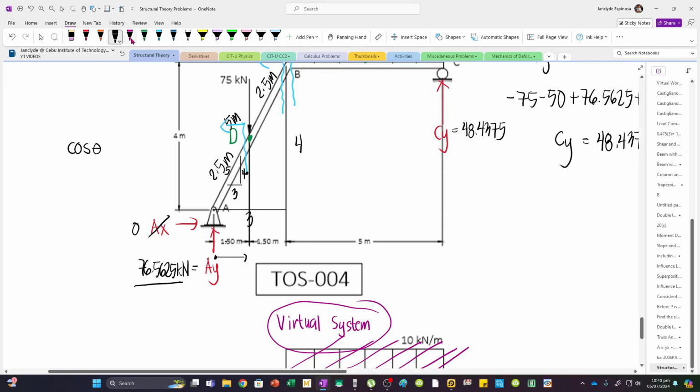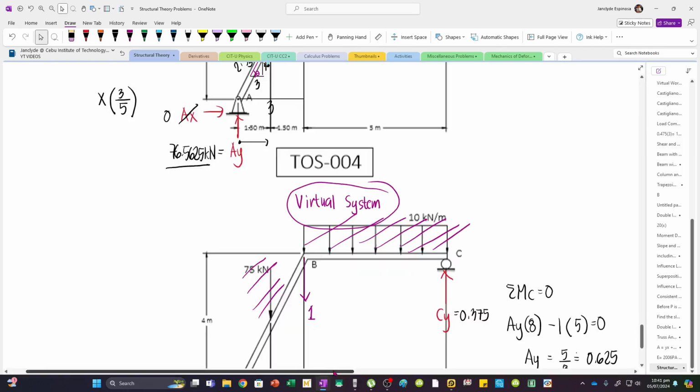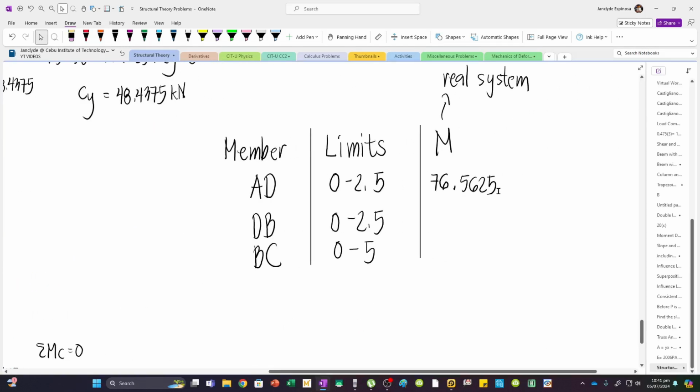Let's say this is theta. Theta is the ratio of the horizontal distance, which is 3, divided by the hypotenuse, which is 5. And so, if I want to describe this in terms of X, then I can say that the moment arm is X multiplied by 3/5. So, here I have 76.5625 multiplied by X times 3/5.